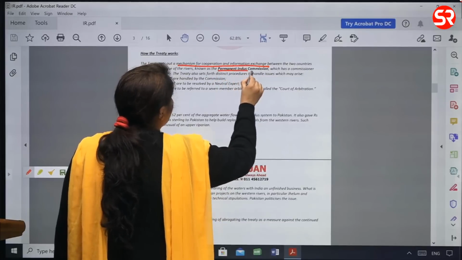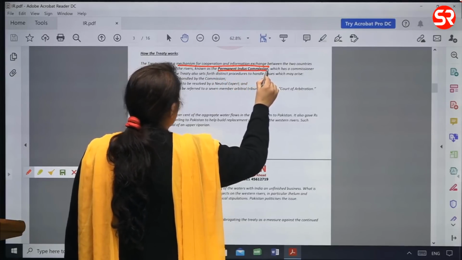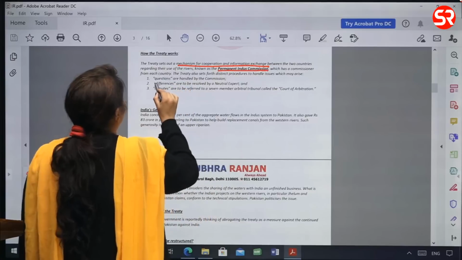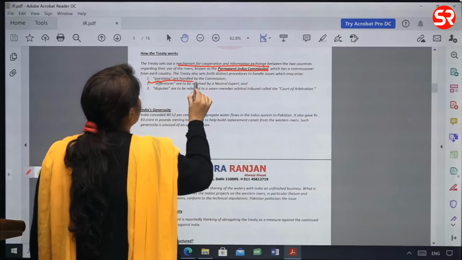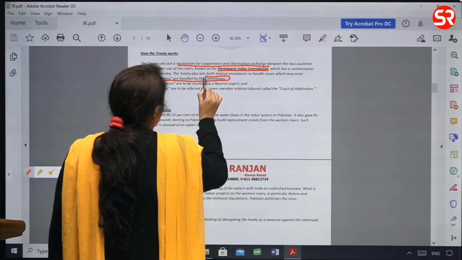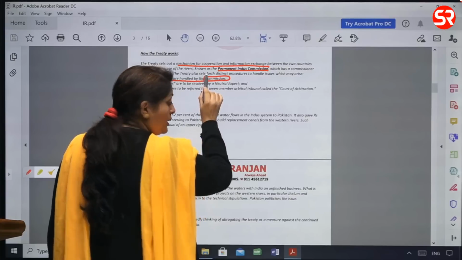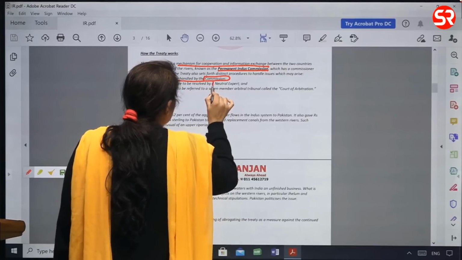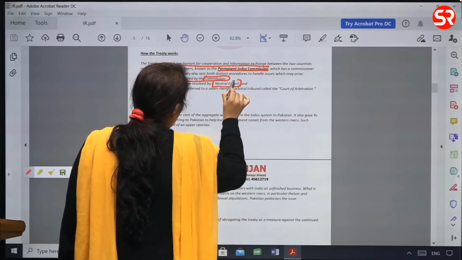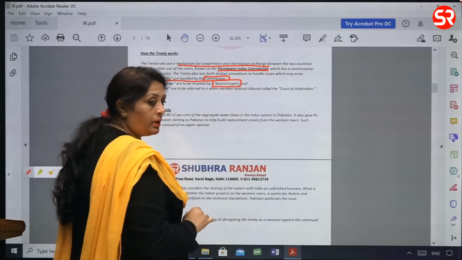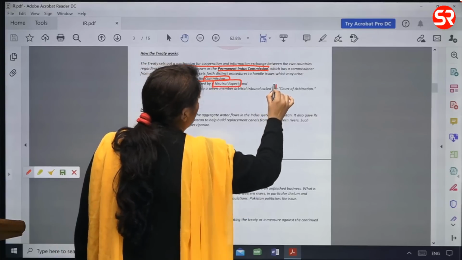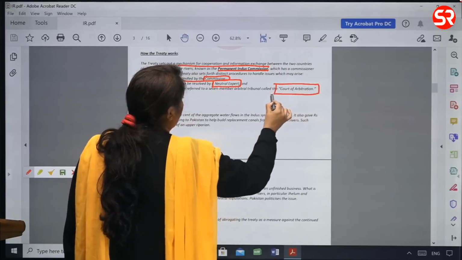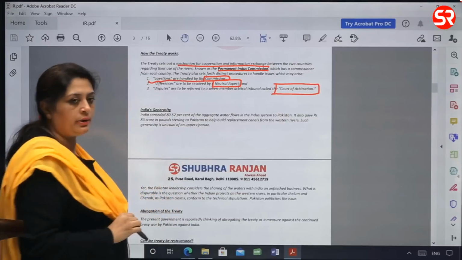There is a permanent Indus Commission, and the first step is for the commission to hold talks. If this is not successful, go for a neutral expert. If that does not work, countries can go for arbitration.